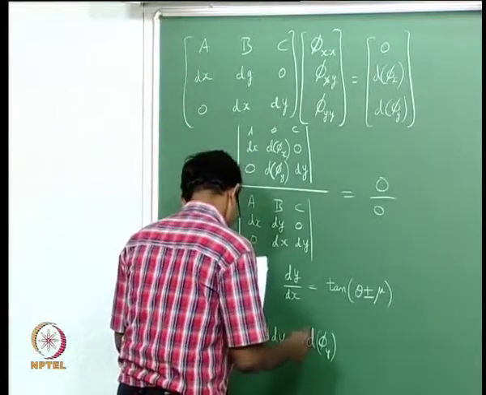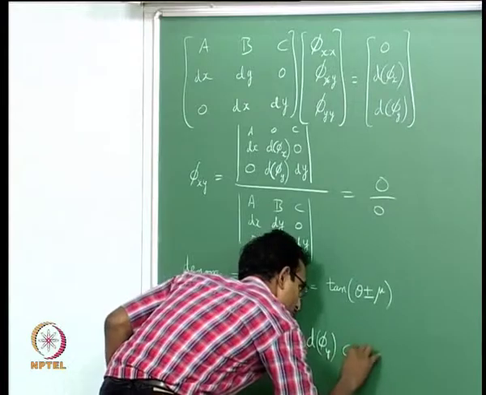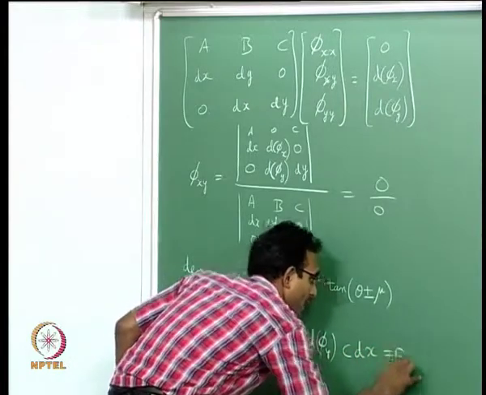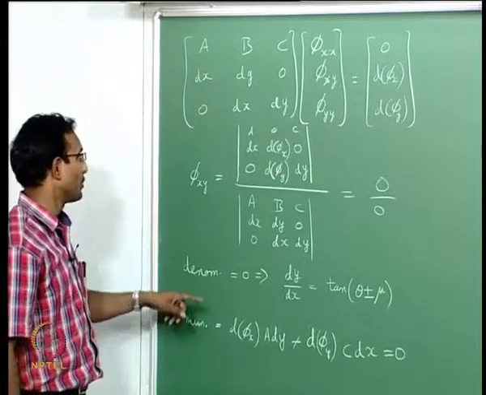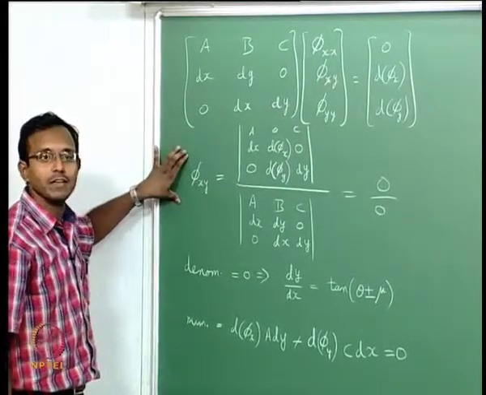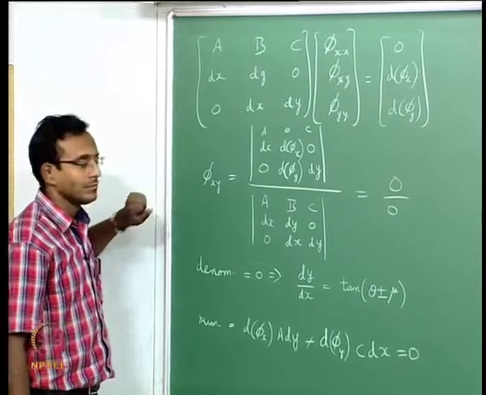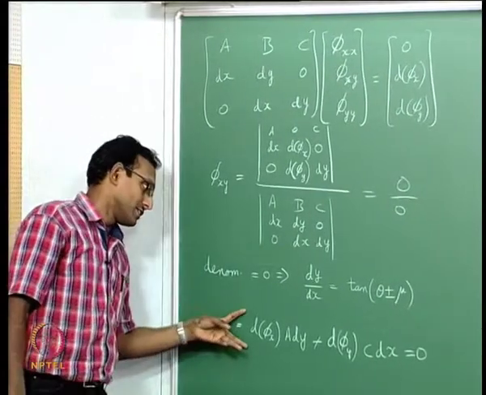So that minus will just go away, becoming plus c dx, and I am forcing it to be equal to 0. I am saying it has to be 0 because I am looking at this phi xy indeterminate form. Okay. So I am getting this form.